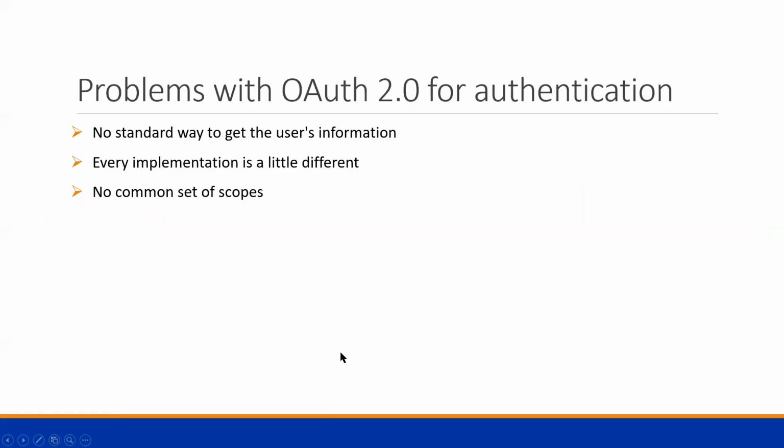But with all these, people started using it widely, but there are some problems with OAuth 2.0 authentication. Once the user is authenticated, there is no standard way to get the user's information. Say for example, you've started using login with Google, and login with Twitter, and login with LinkedIn.